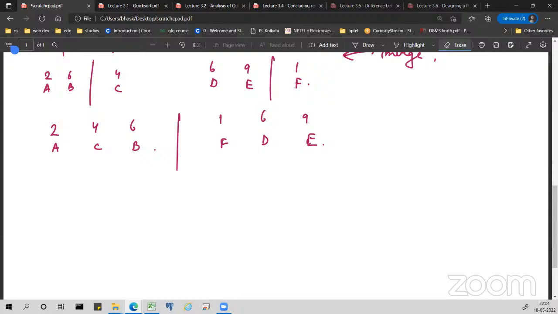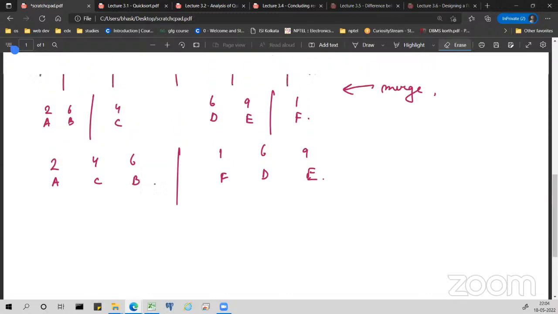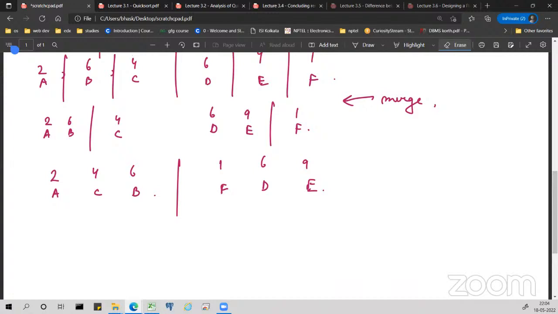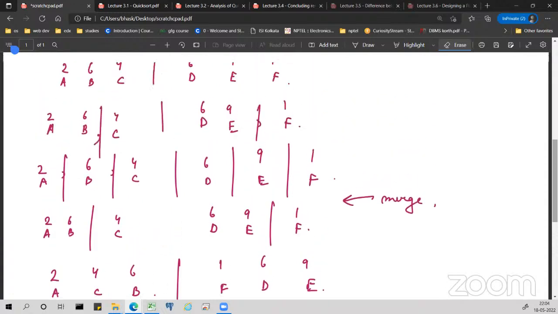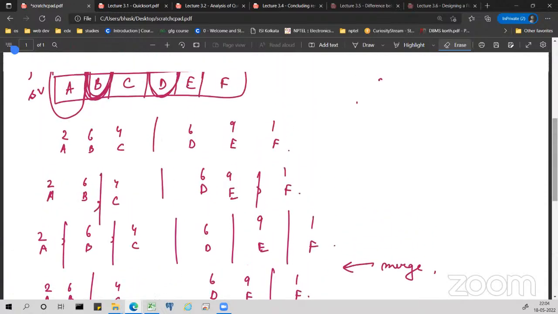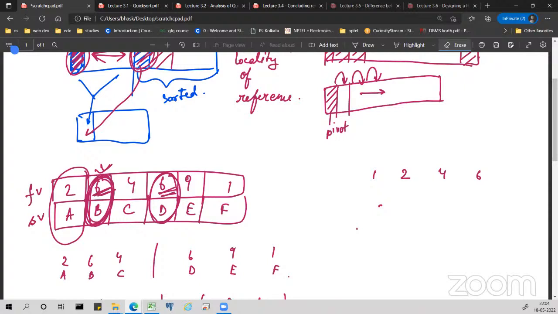If the initial array of objects had 6D in front, then merge would keep 6D in front in the sorted sequence as well. That's what stability means. So it would be 2A, 6D, 4C, 6B, 9E.